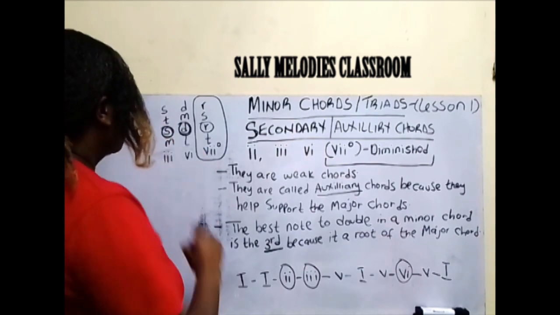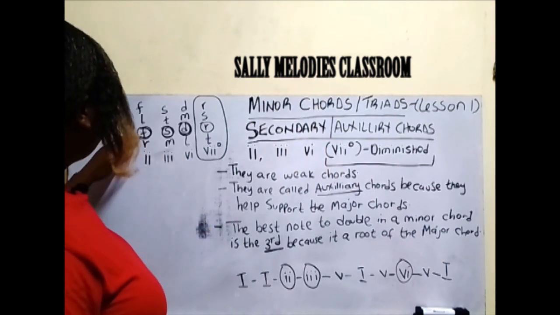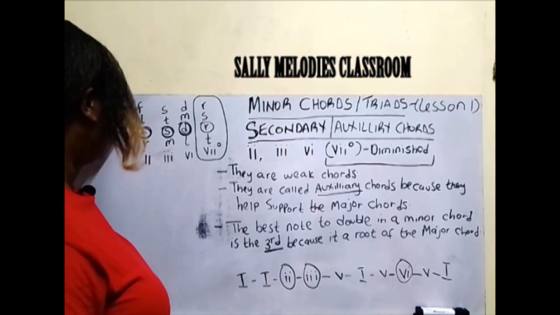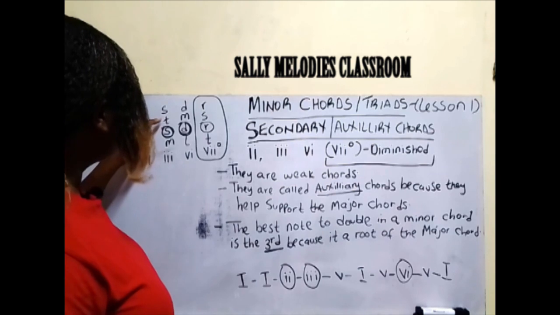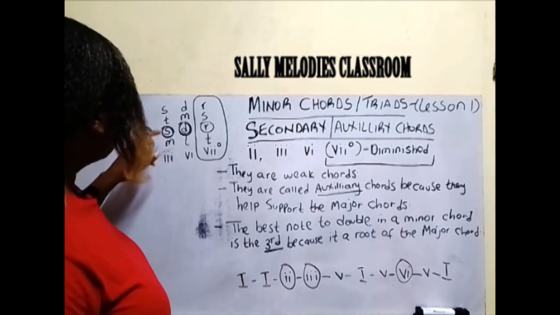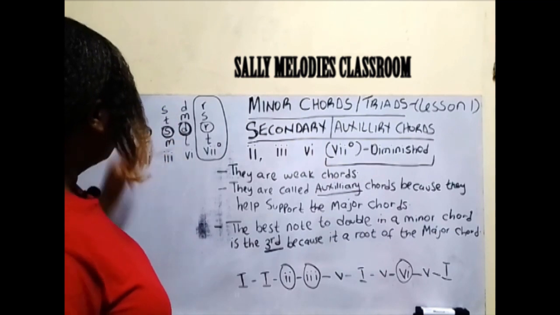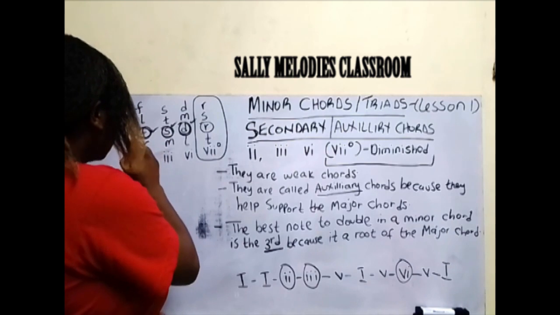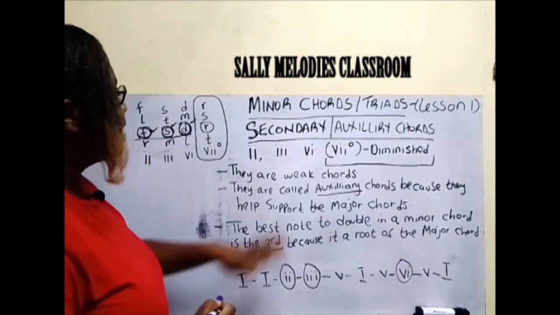So instead of writing re fa la re, write re fa la fa. Instead of writing mi so ti mi, just write mi so ti so. La do mi do. Just double the third. Why? Because the third is very strong when it comes to the minor chords.